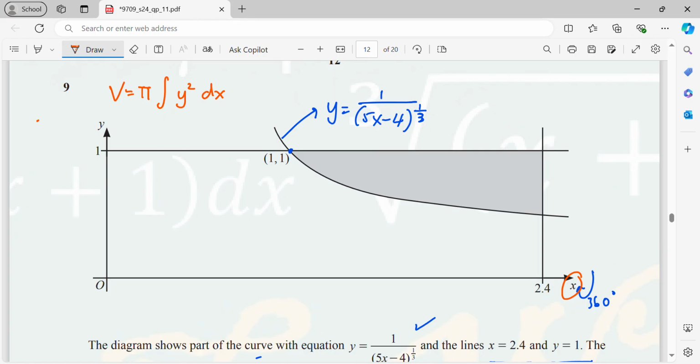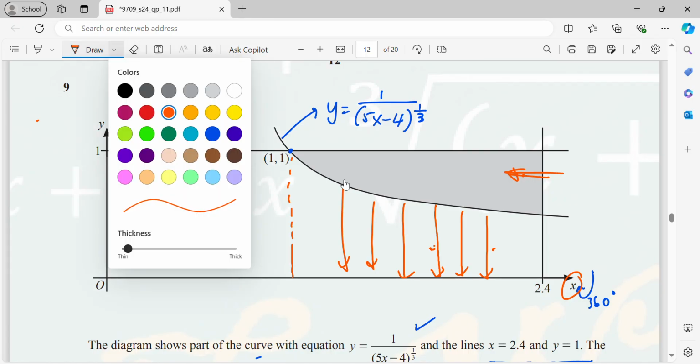When you integrate y squared dx, you are referring to the x-axis. If you integrate this graph, it is always the region below the graph. So when you calculate this, you are counting the orange region, which is here. But then you need to calculate the volume of the solid generated. It's not the bottom part, it's this part.